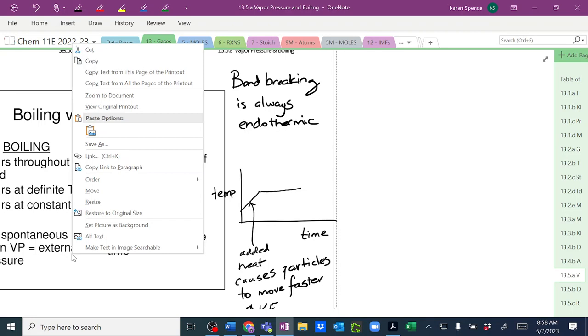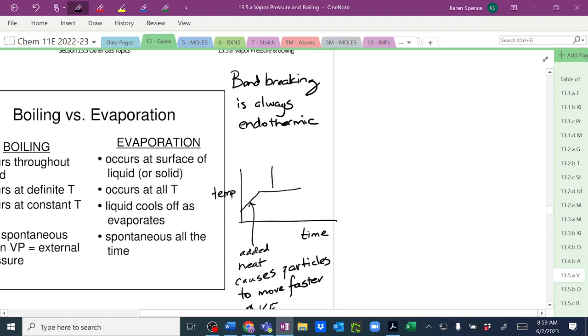The next bit of energy that goes in, as soon as they're at 100 degrees and moving that fast, causes the particles to separate from one another and increases the potential energy of the particle, because now it is on its own. We've broken that bond. In this part of the curve, I know it's a straight line, but we call it a curve, this is boiling.